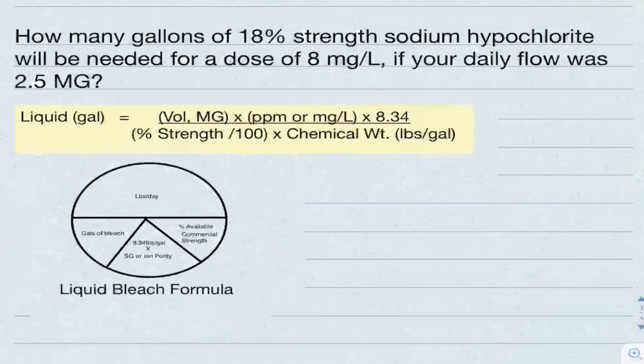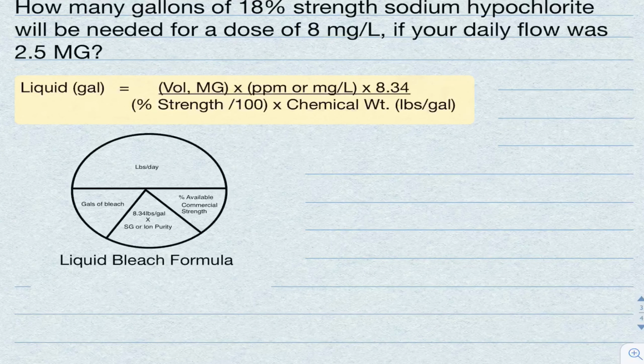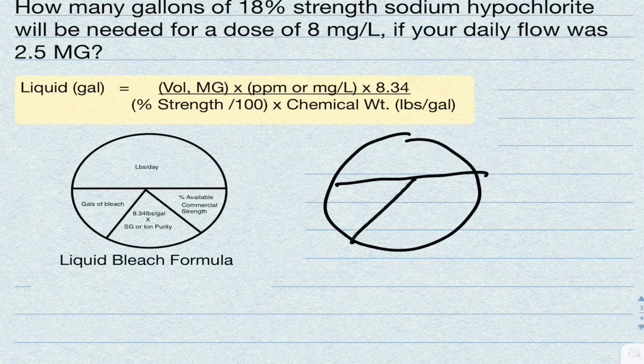Let's take a look at the next one. How many gallons of 18% strength sodium hypochlorite will be needed for a dose of 8 milligrams per liter if your daily flow was 2.5 million gallons? Okay. Let's first start off by using our pie chart. 8.34.